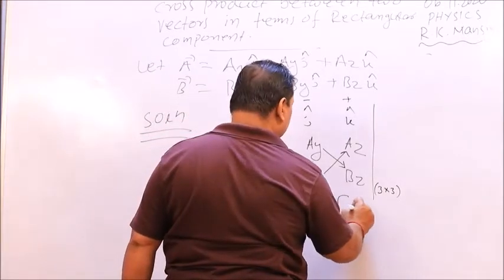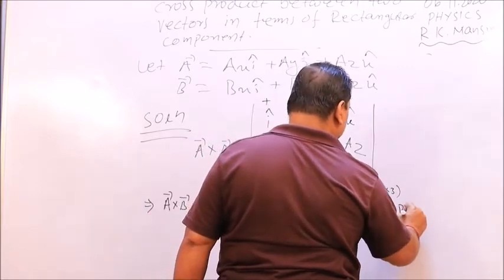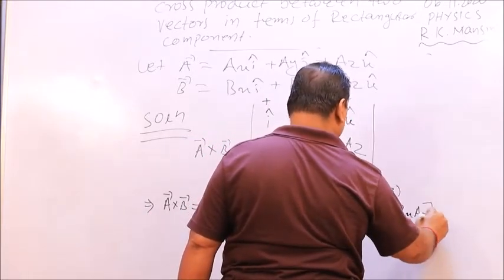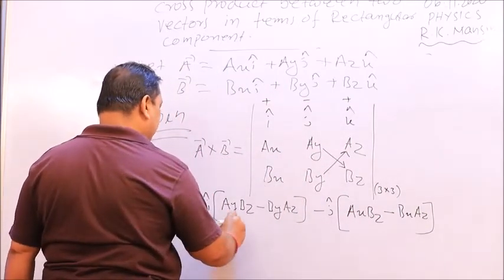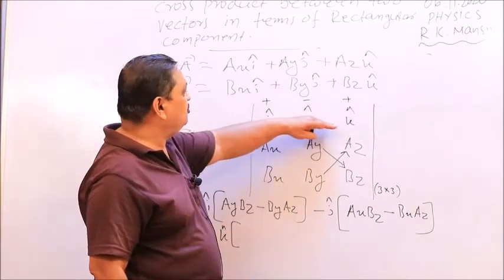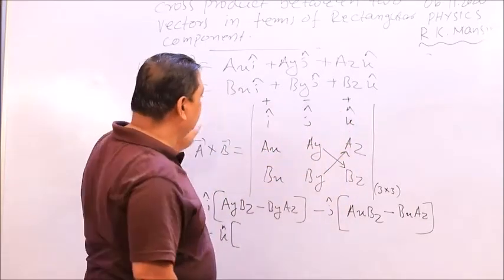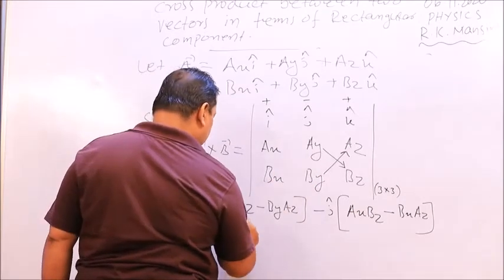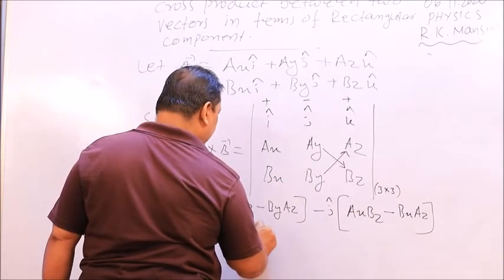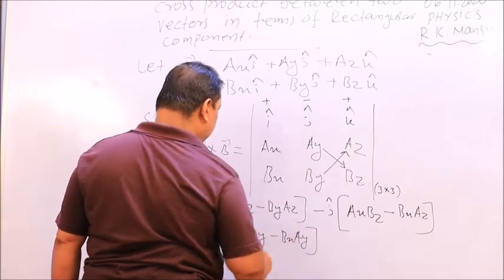Similarly, ax bz minus bx az. Plus k cap: the first row and third column are connected to k cap. You remove them, then there are four terms ax, ay, bx, by. ax by minus bx ay.